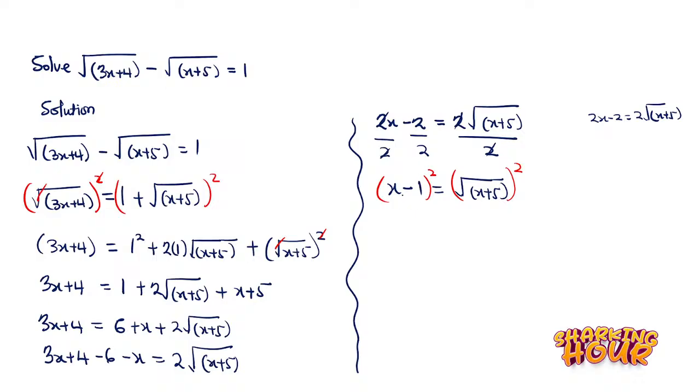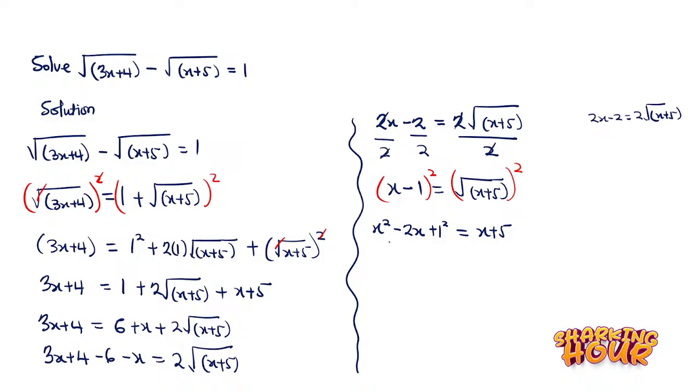So if we expand this, we are going to get x squared minus 2x multiplied by the 1 over here, which is how come we have negative here, and then we have negative 1 squared, so it will become plus 1 squared. And this will be equal to, the square over here will nullify the root sign, so I have just x plus 5 left on this side.